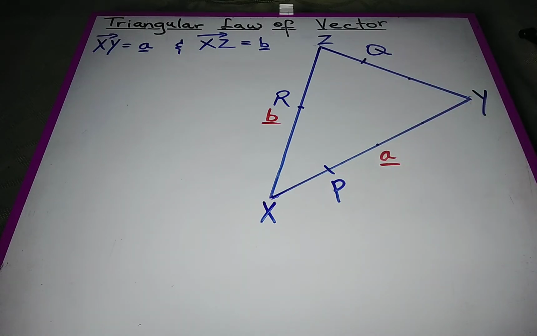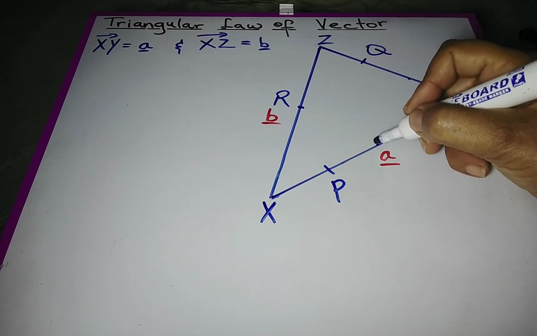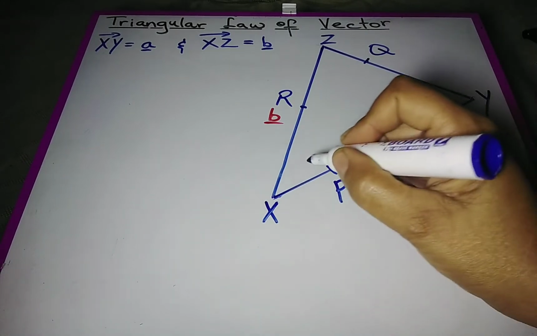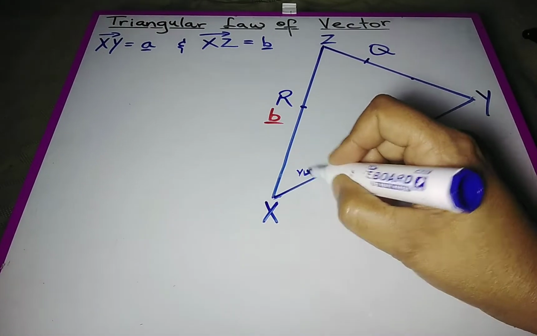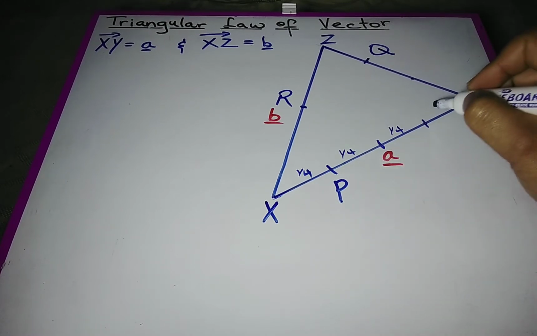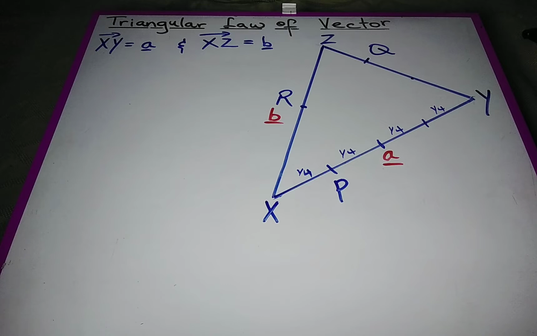So if it's a quarter, it means it's divided into 4. So here I'll divide it up into 4 equal parts. So this is a quarter, a quarter, a quarter, a quarter. All right, always good to write it in, kind of help to guide you.